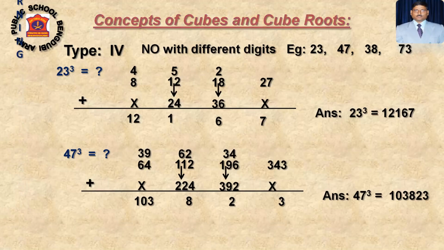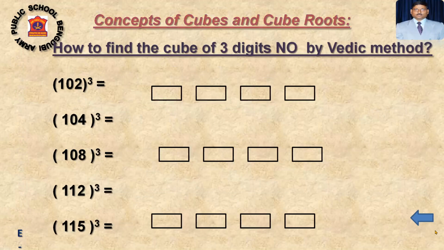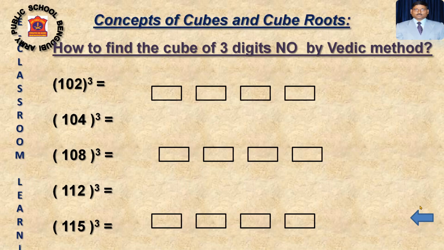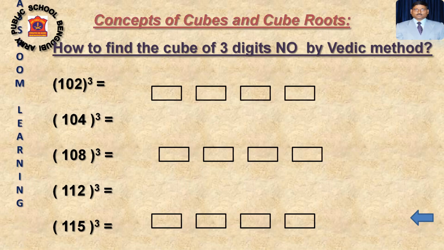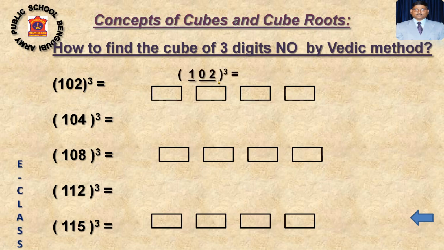So these are the questions. Now how to find out the cube of a 3-digit number? Very interesting. Follow me. To find the cube of a 3-digit number, this time you have to change a little bit. So 3-digit number, say 102. From your right hand side you have to make a pair. These 2 digits you have to treat as 1, and this is another digit.